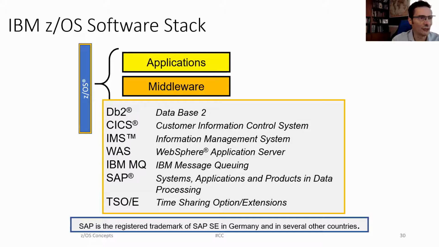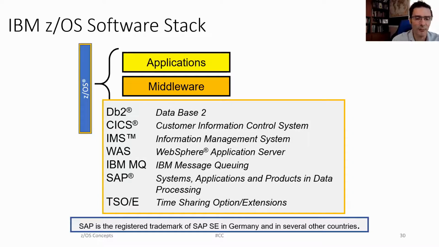Again, this is the ability to field requests coming in from the net, for example, HTTP requests, and to be able to process them and run the appropriate code on the server to be able to handle those incoming requests. So WebSphere, you have message queuing of things. You even have a product that's not even IBM here listed, SAP. And then we have TSO/E, which we'll talk about in just a moment.